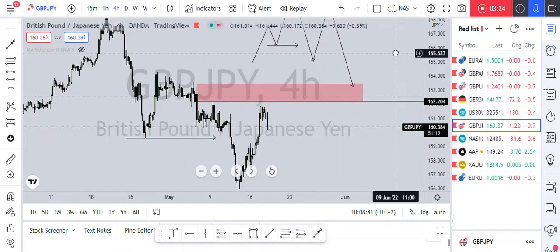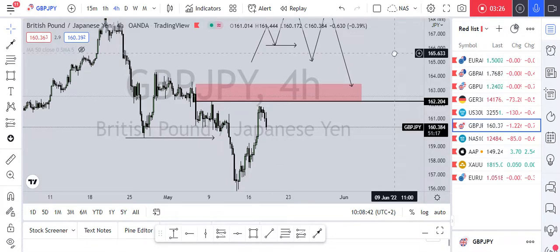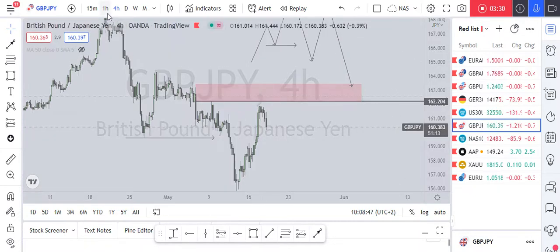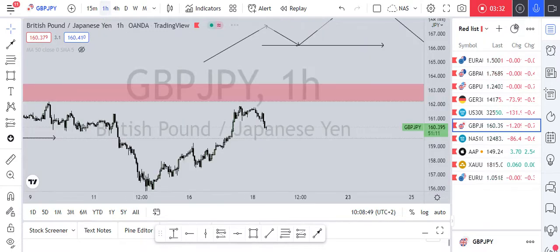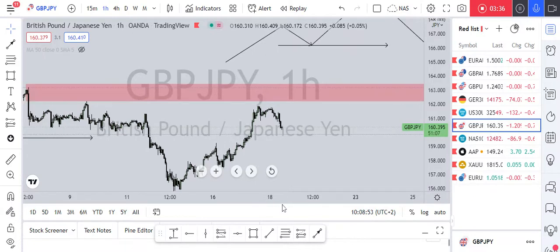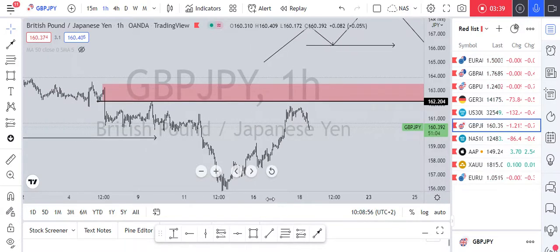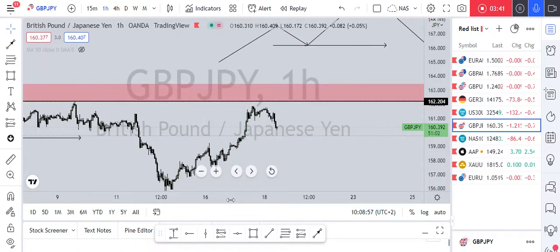So this is the BFI footprint. It didn't do exactly what we said it would do. It actually came pretty close, but it started selling very early. I was watching it during London into New York, and then out of the New York session.